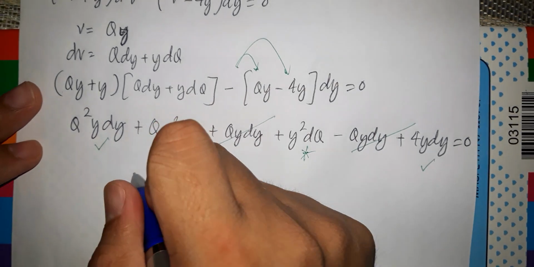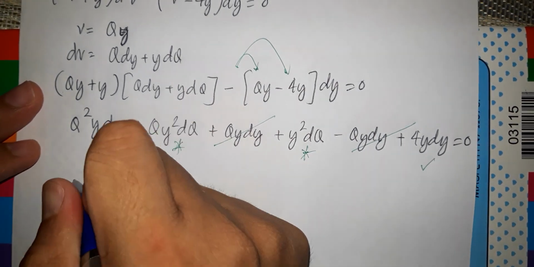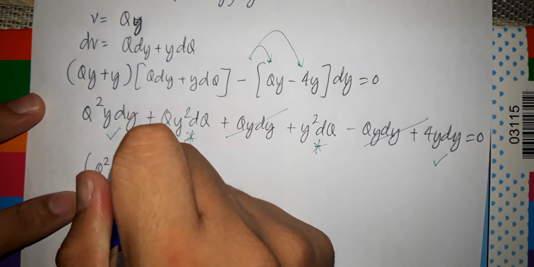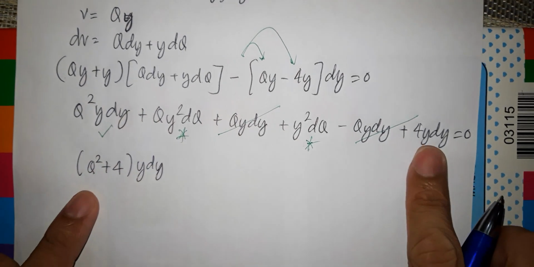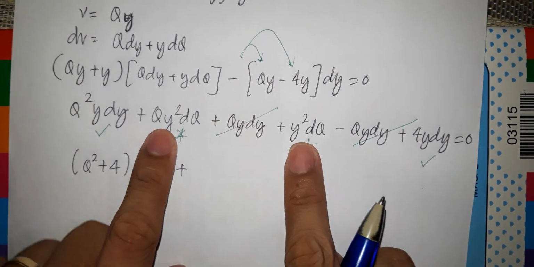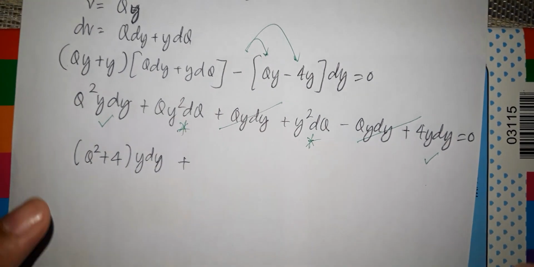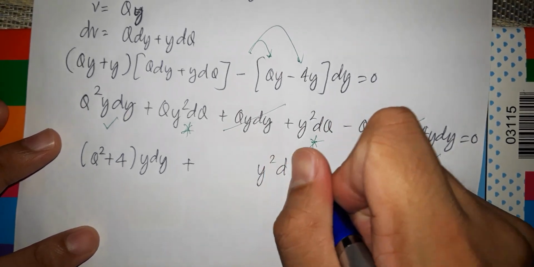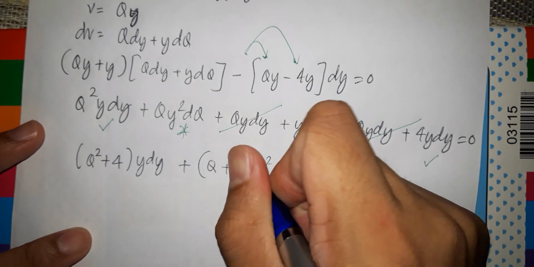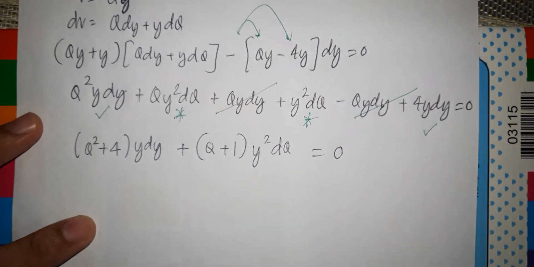So factoring y dy out, what is left inside the parenthesis ay q squared plus 4. Then for those with asterisk, ang common factor ay y squared dq. So let's put that outside. So magkakaroon tayo ng q plus 1 is equal to 0.